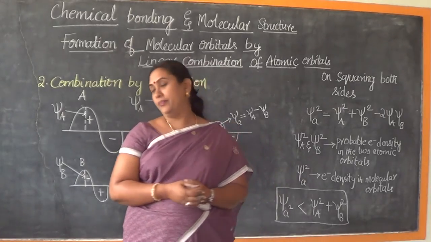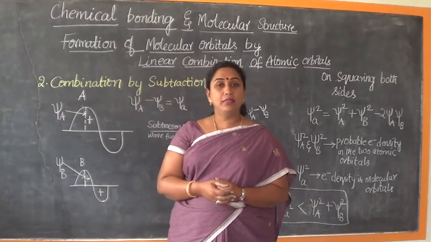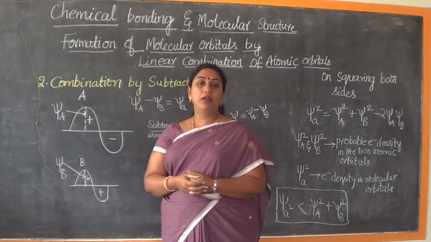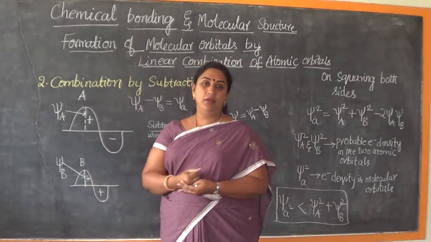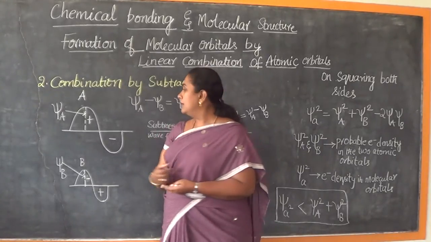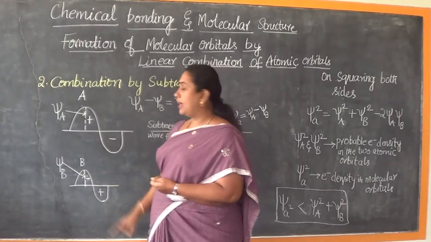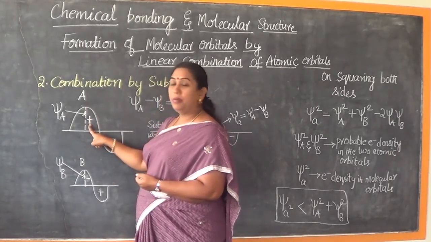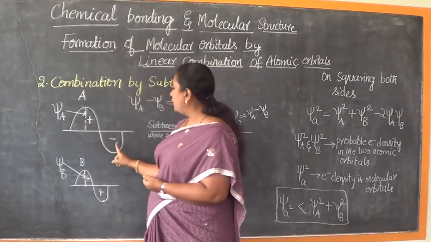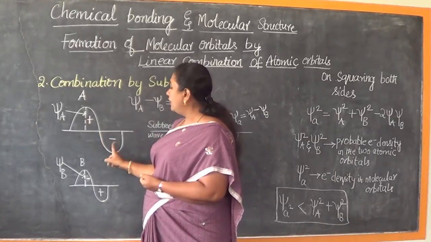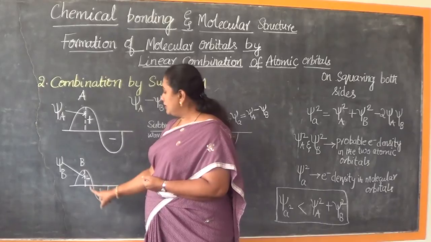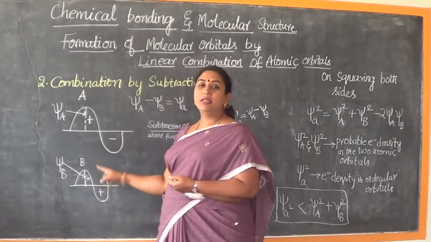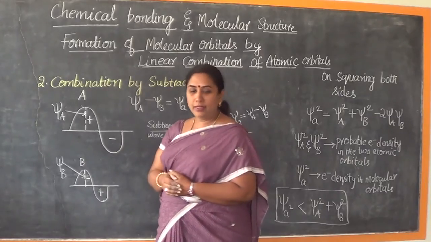by Hund and Mulliken? They say as per this concept, if the out of phase waves undergo linear combination, that means the two waves of two different atoms, this is atom A, the crest indicated by a positive sign and the trough by a negative sign, and this is atom B, this is the trough and this is the crest, indicated by the negative and the positive sign respectively.